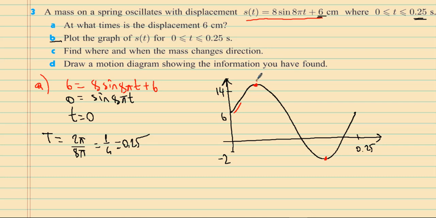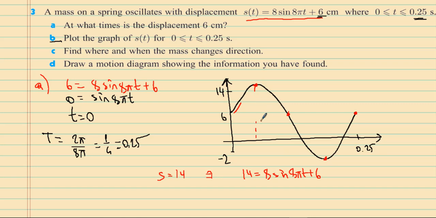Find where, okay, at 14, when the displacement is 14, we can find the time. 14 equals 8 sine 8 pi t plus 6, but we all know when it happens, if you go with degrees, at 90 degrees. Between 0 and 0.25, if I divide by 4, at the first quarter, there's a lower one, and then again up.